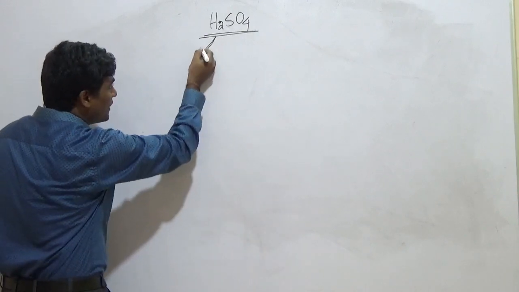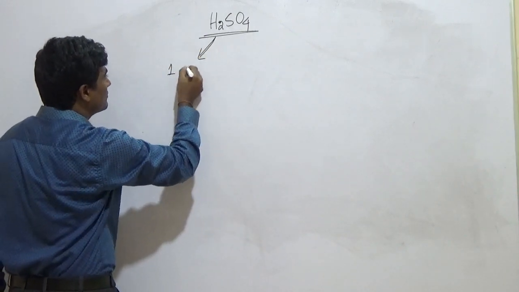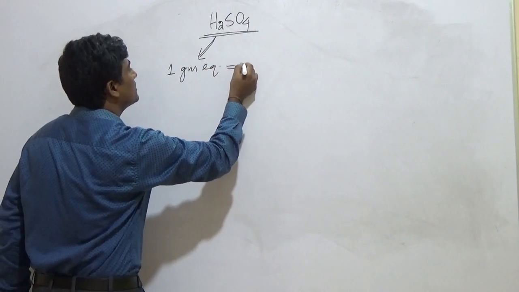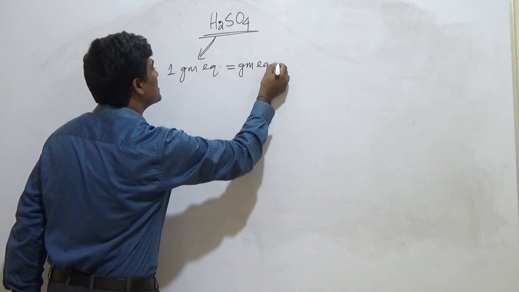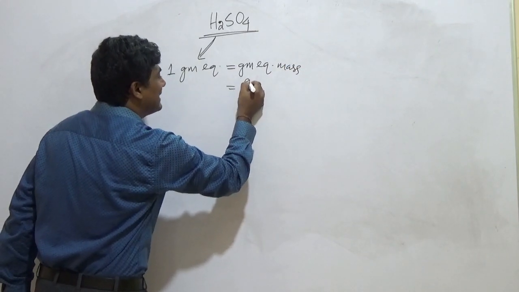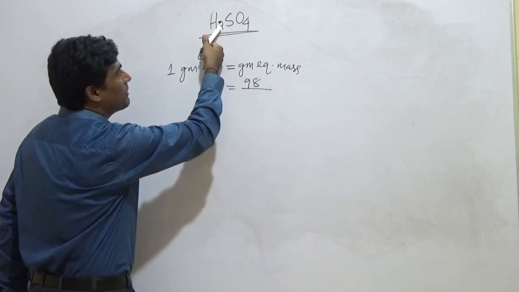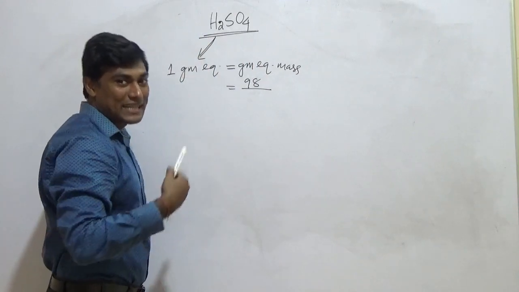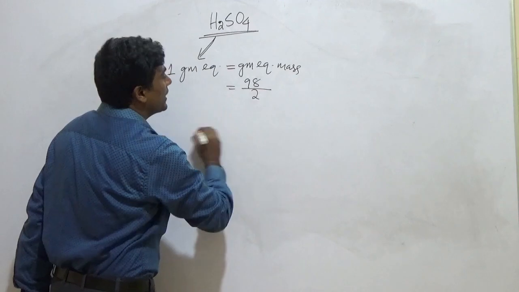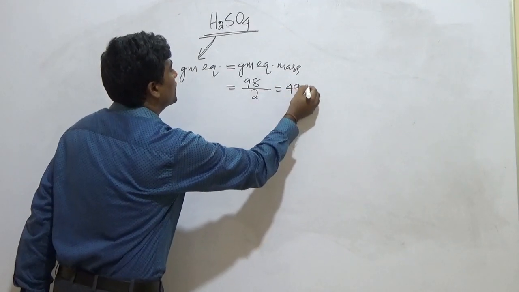Its 1 gram equivalent mass is equal to 98, its molecular mass, divided by 2, because it's a dibasic acid, it gives 2 H plus ions, so 98 by 2 is equal to 49 gram.